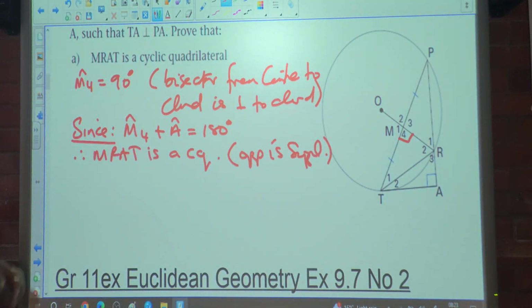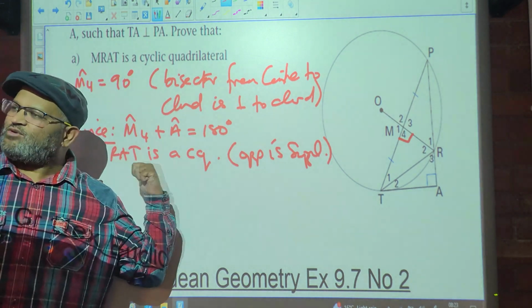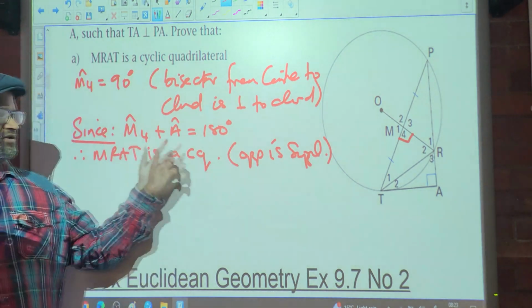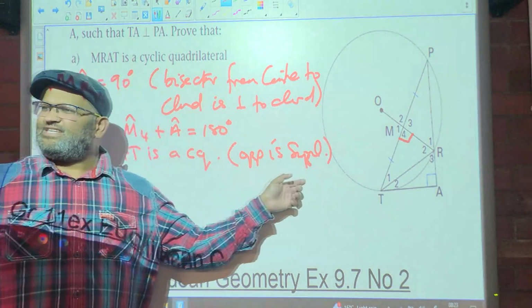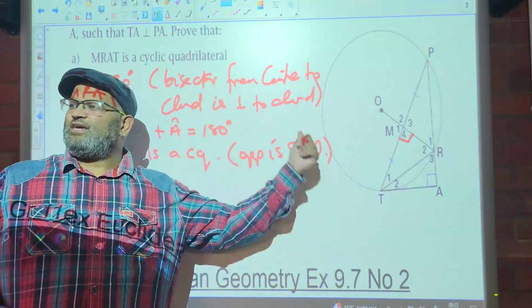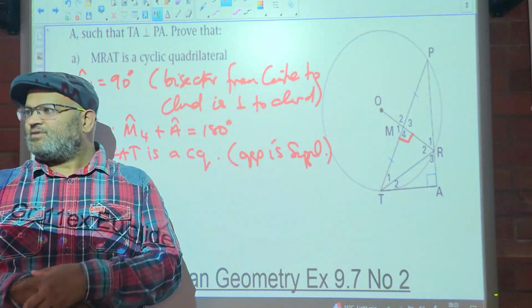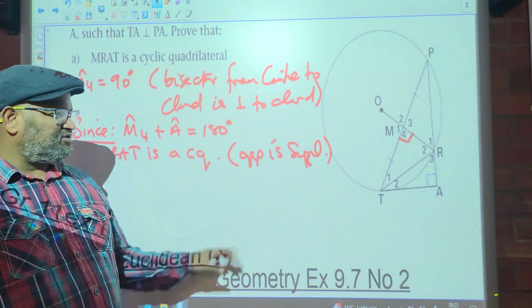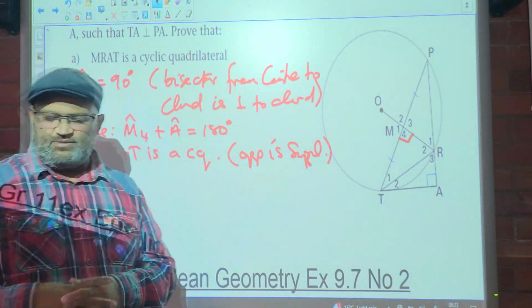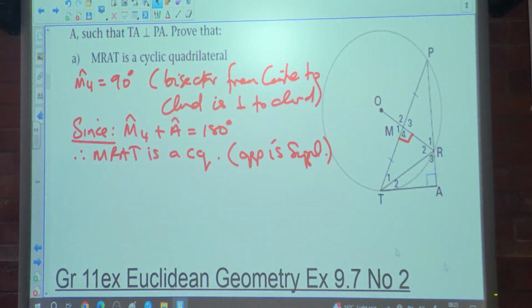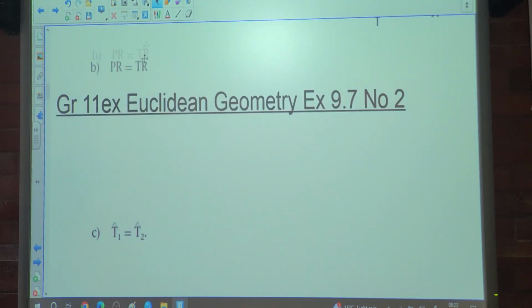If they ask you to prove something is a cyclic chord, you can't use cyclic chord in its reason unless you say converse of opposite angles of a cyclic chord, which is the reverse. Otherwise, you would just say opposite angles supplementary, which is the proper wording here. Any confusion there, people?